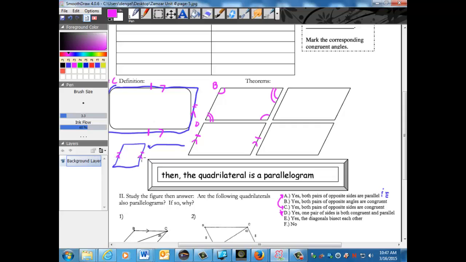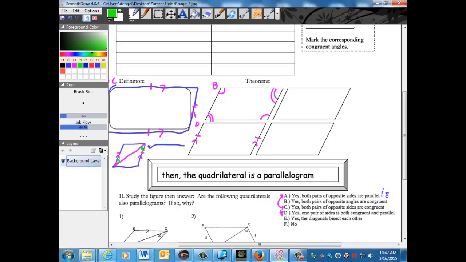We're going to draw in one transversal, or sorry, one diagonal, which is also considered a transversal. And from there, if we think about these two lines being parallel, what that means is that alternate interior angles will each be the same.